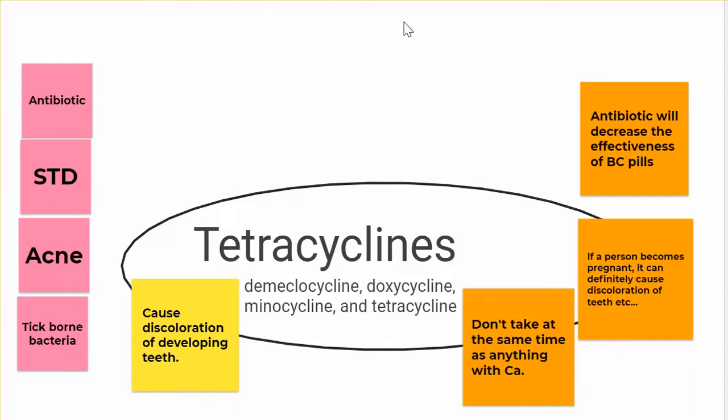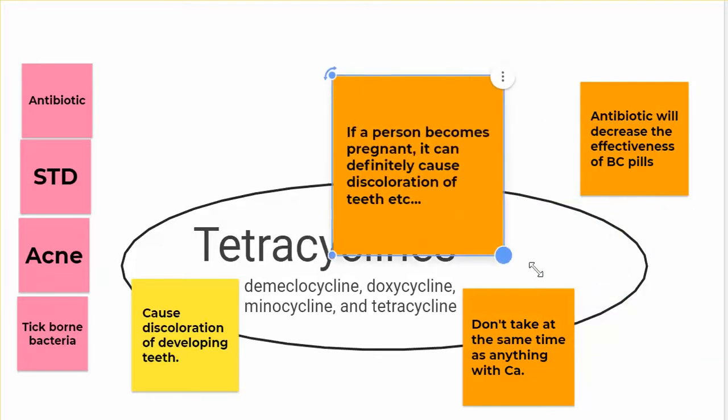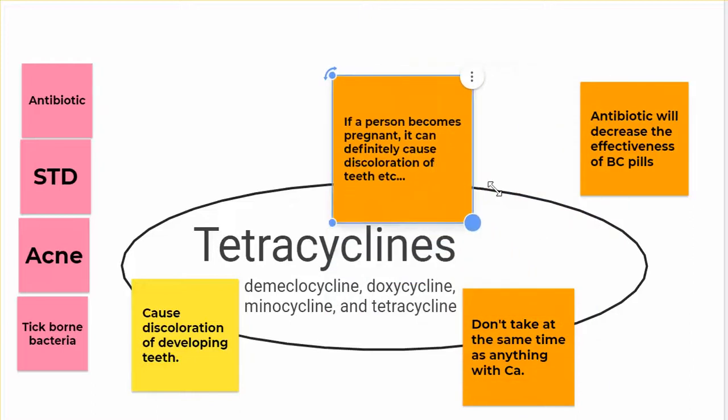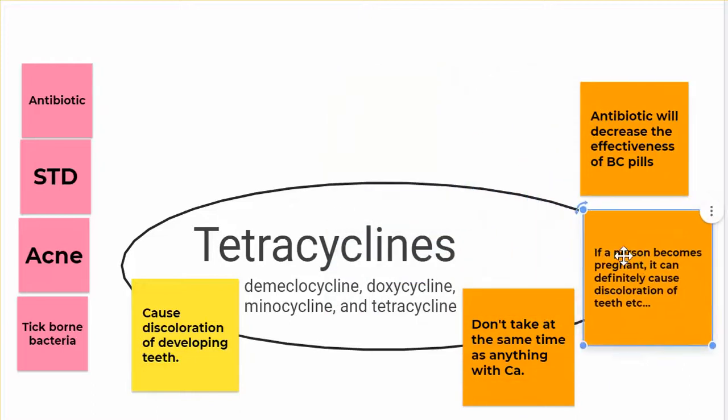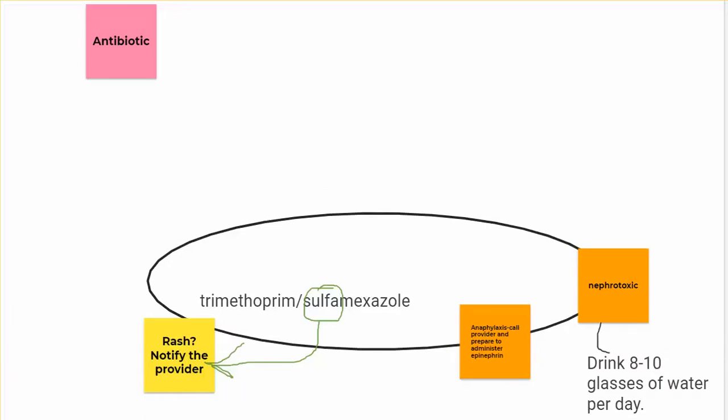Don't take these at the same time as anything with calcium. Antibiotics will decrease the effectiveness of birth control pills, so you need to tell patients about that. If a person becomes pregnant, it can definitely cause discoloration of the teeth for that infant because their teeth are developing. So at any point that somebody's in the development phase of their teeth.